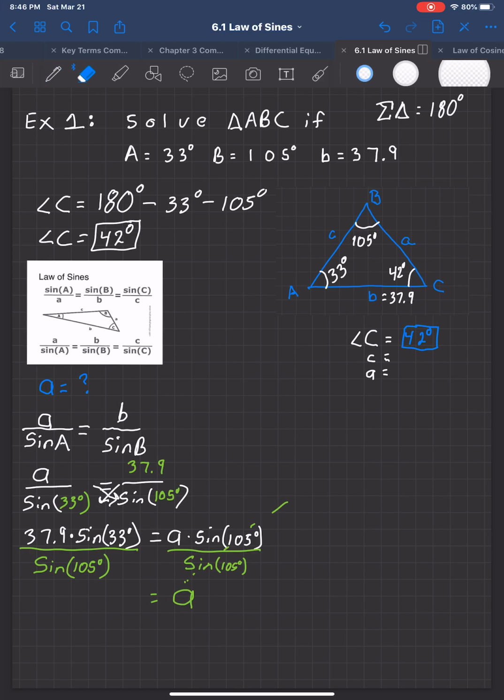Ready? All right. So let me get you to your answer, and then let me give you just a piece of advice along the way. So a is going to be equal to 37.9 multiplied by sine of 33 degrees divided by sine of 105 degrees.